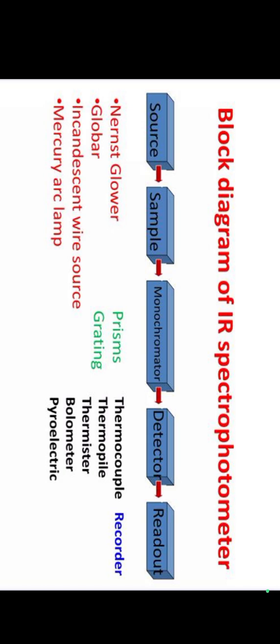As monochromators, prisms or gratings are mostly used. The detectors used are thermocouple, thermopile, thermistor, bolometer, and pyroelectric detectors. Next, the readout is measured on a recorder, graph, or computer system.